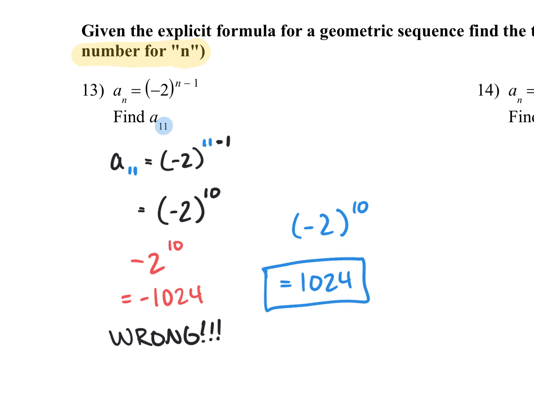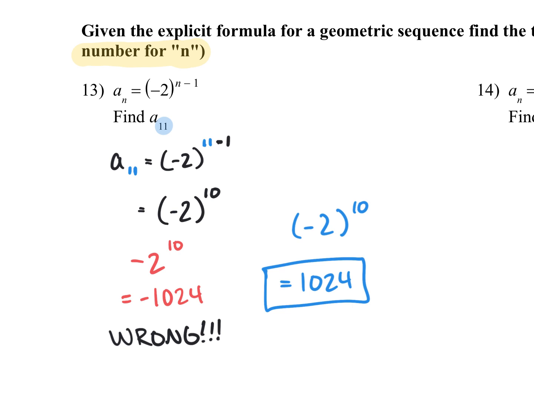That is the right answer. If you do not enter this correctly into your calculator, it will mess your answers up. This is doing 2 to the 10th times -1. This is doing -2 to the 10th power. They get you different answers. That's why it's so important that you input it correctly. Do you hear what I am saying to you?